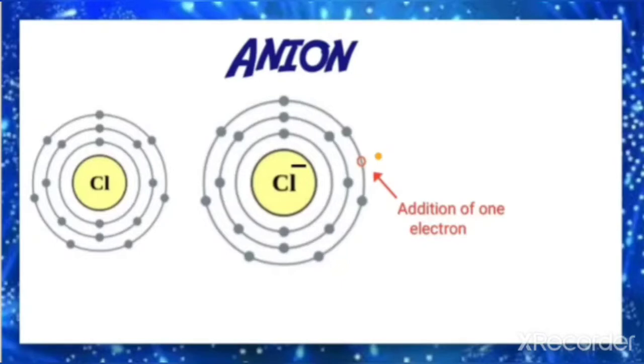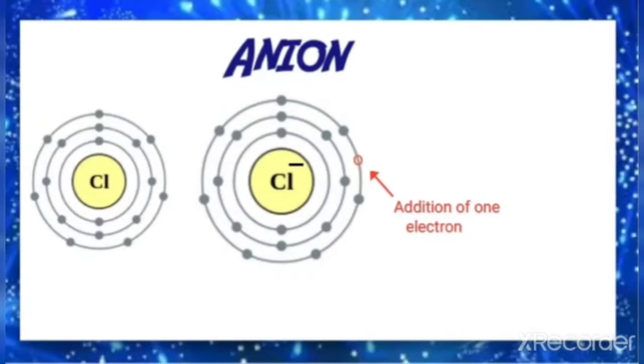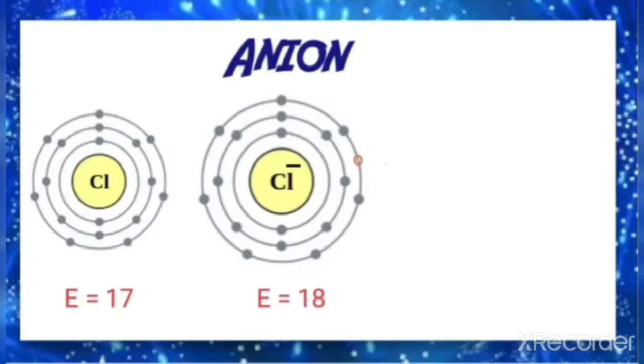Why? Because of the addition of one extra electron, the number of electrons is increased. The number of electrons in the chlorine atom is 17, and the number of electrons in the chloride ion is 18. When you compare the number of electrons in both, the number of electrons in the case of the chloride ion is greater.